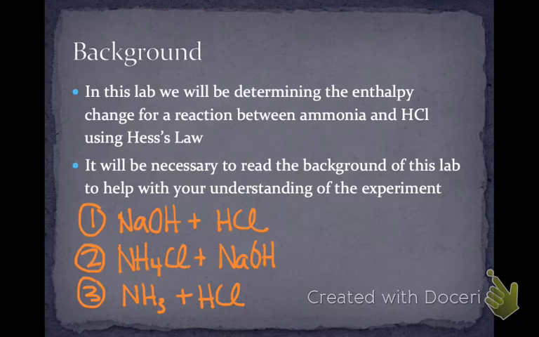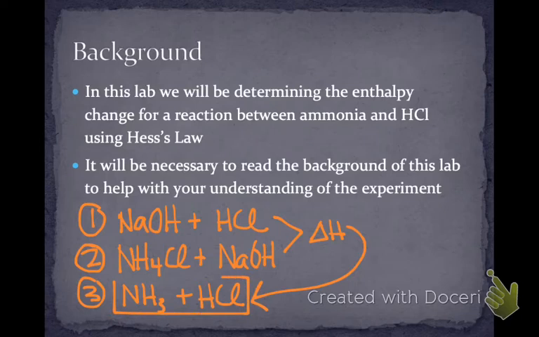And the enthalpies of the first 2 reactions, so reactions 1 and 2, we're going to calculate the delta H's of those with the data that we collect, and we're going to use that to determine the delta H of the third reaction, which is ammonia plus HCl. We are also going to calculate the delta H of this reaction.